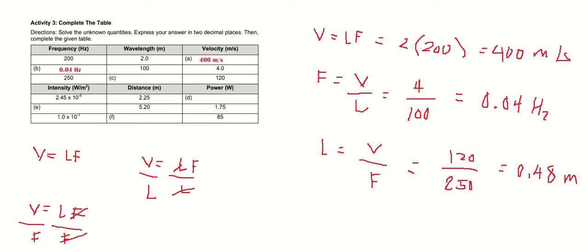So, sulat lang natin ulit yung sagot dito sa table. 0.48 meters. Yan, tapos isentro ko lang yung sagot kanina sa A. Para naman nakasenter. Ayan. Ngayon, pwede na tayong mag-proceed sa part 2 ng table natin.